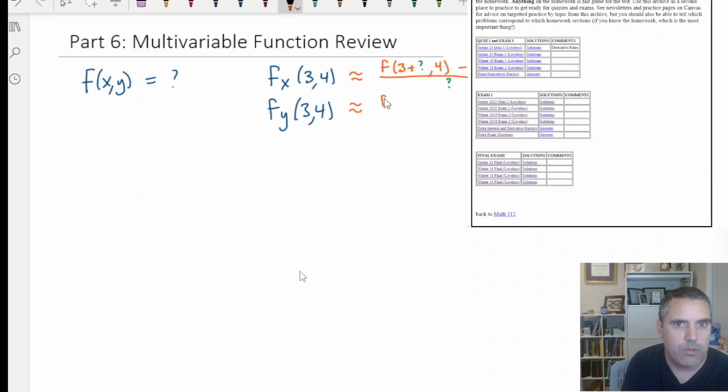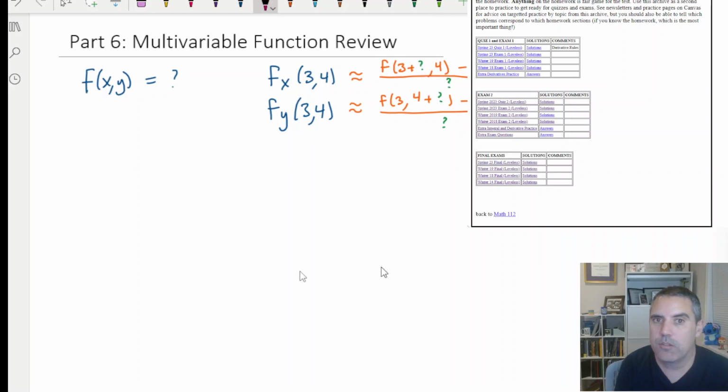How does that differ from the other one? Well, the other one looks like this. If you keep everything the same but only change y, how does the slope change? And that's this. Now, the smaller it is, the closer they are. That's that slope of the tangent idea from the beginning of the term.